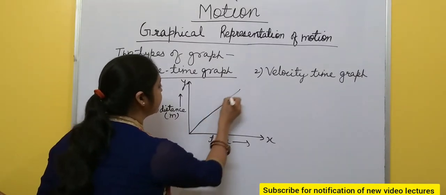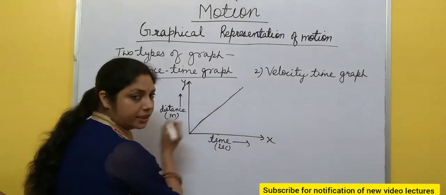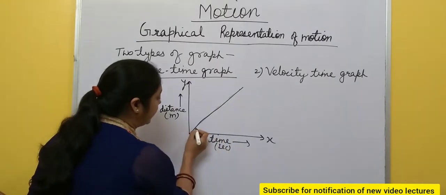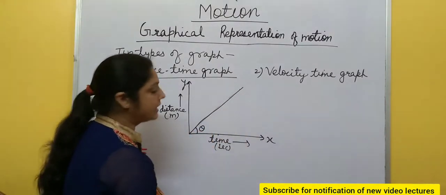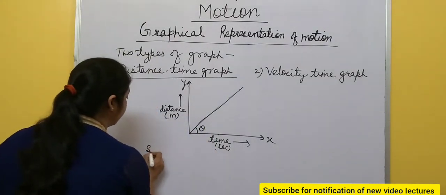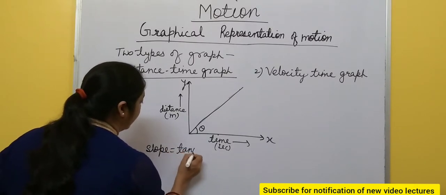This represents the motion of an object, how distance changes with time. And suppose this straight line makes angle theta with the x-axis. So here slope is equal to tan theta.